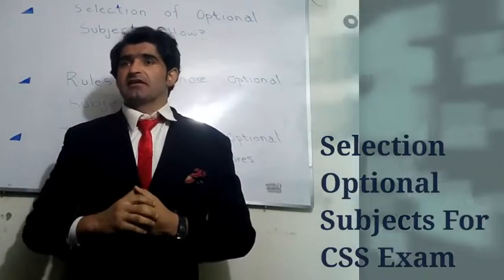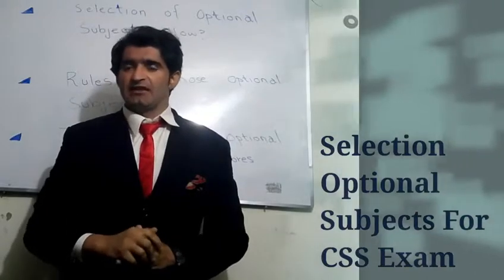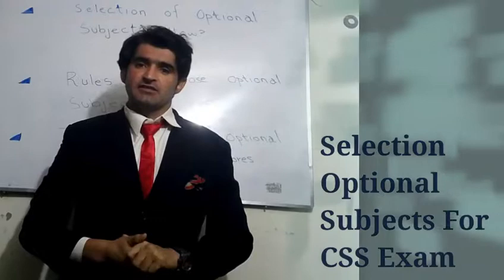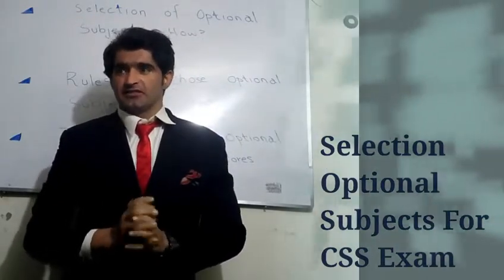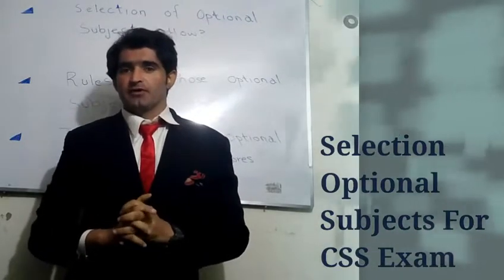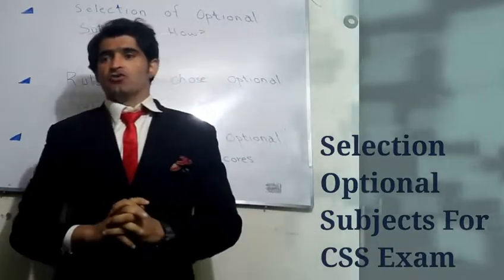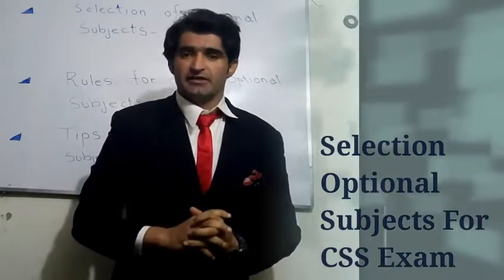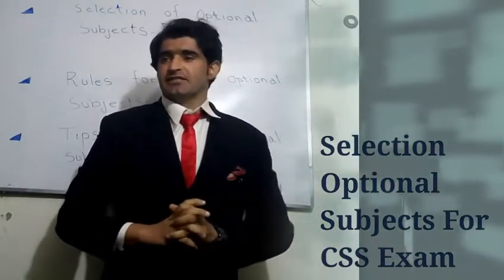In the syllabus there are multiple optional subjects like sociology, anthropology, and political science, and some other optional subjects as well. Every paper is 100 marks, and the total is 1200 marks in the written part of the CSS exam.